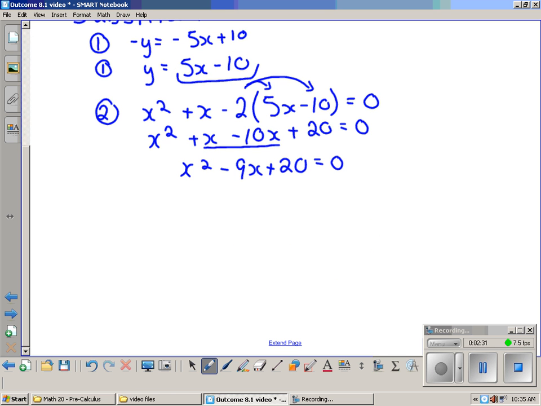I now have a quadratic equation. I'm going to check and see if we can solve it by factoring, and in this case we can. We could also solve it by using the quadratic formula or completing the square. This will factor into x minus 4 and x minus 5.